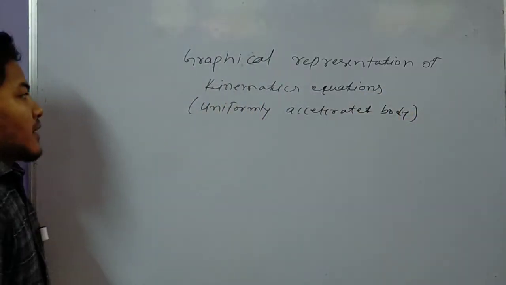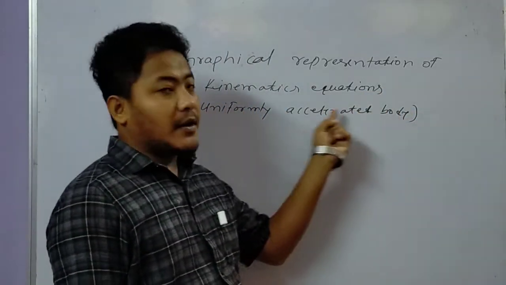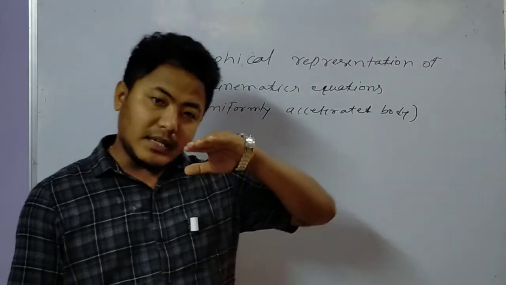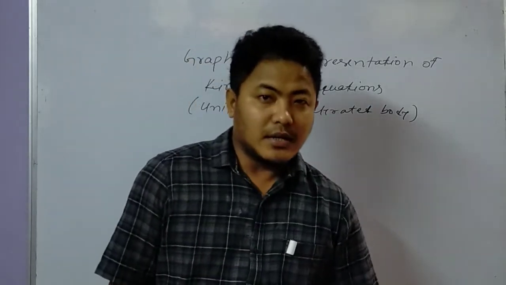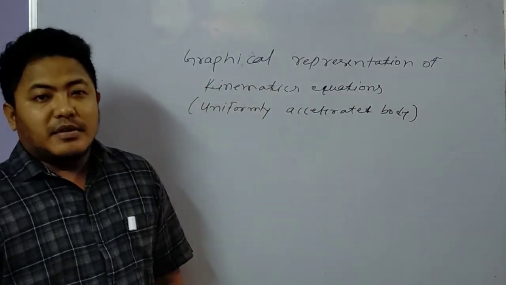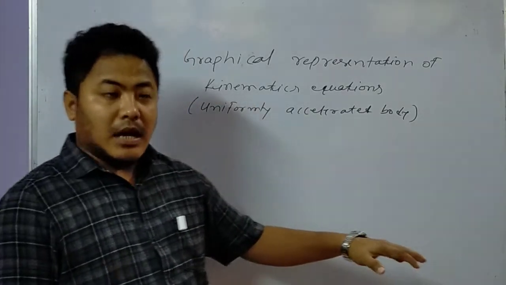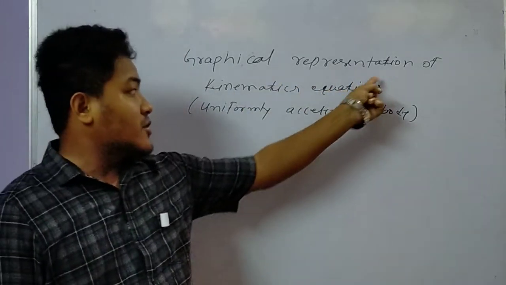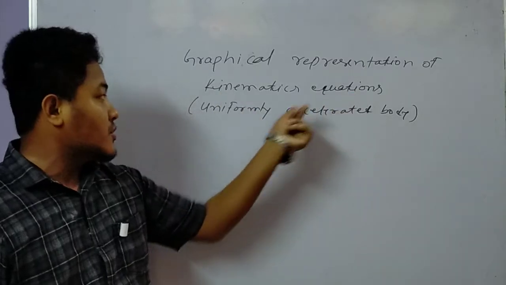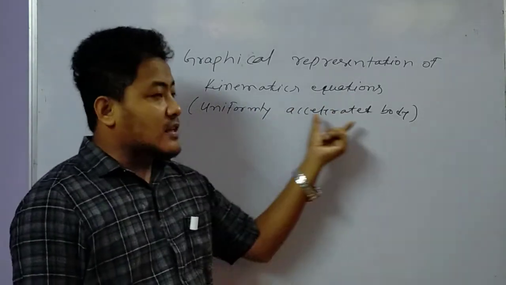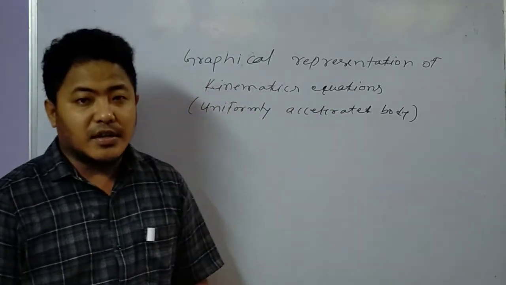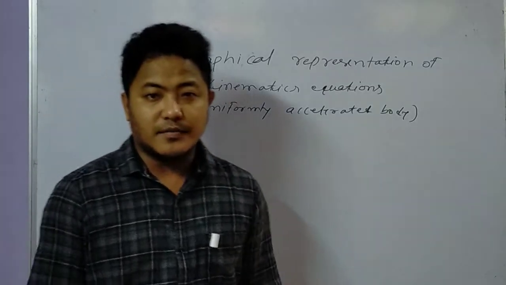You write down this particular topic, uniformly accelerated body. That means the body must be accelerating uniformly. Am I clear? So graphical representation of kinematics equations is for a uniformly accelerated body. We'll consider a body that is in uniform acceleration.